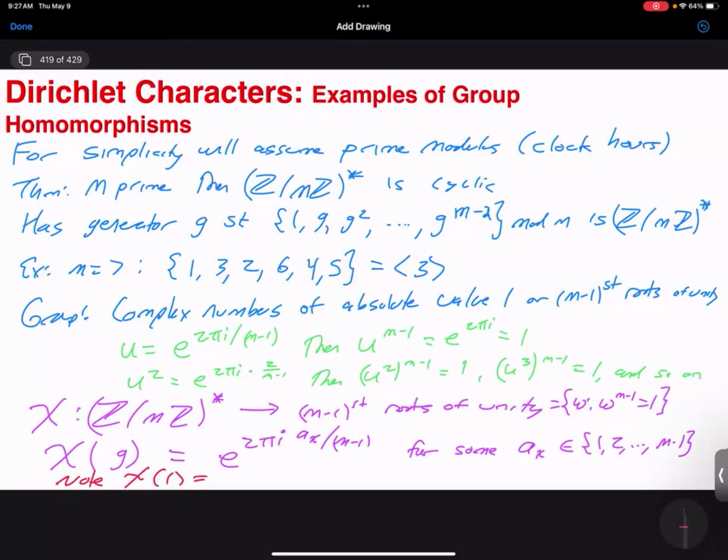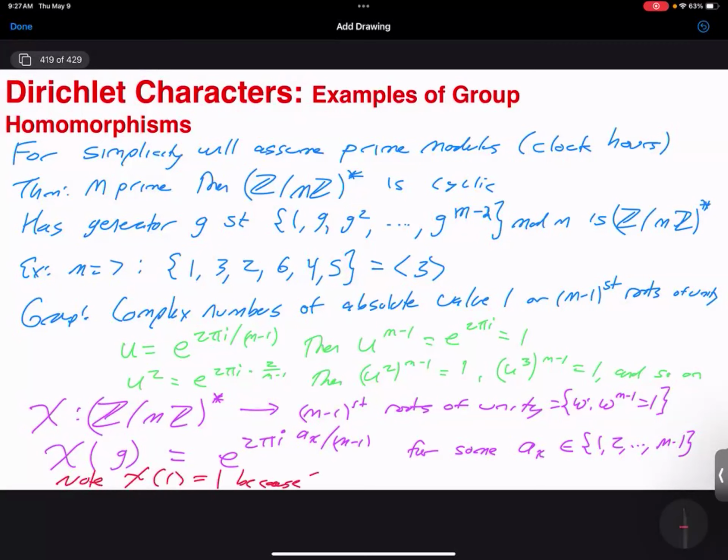What's the identity in the m minus first roots of unity? What's the identity element of that group? Of all the complex numbers whose m minus first power equals 1, which is the identity element? 1. So chi of 1 equals 1.